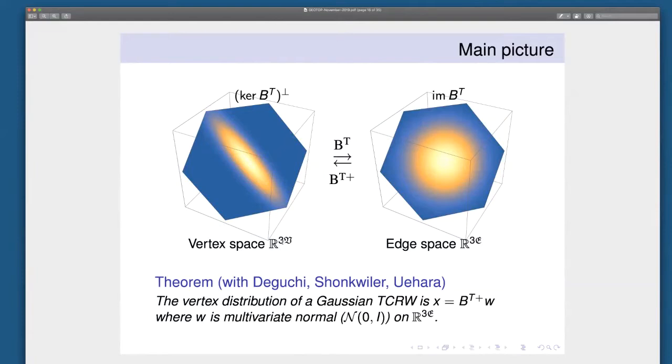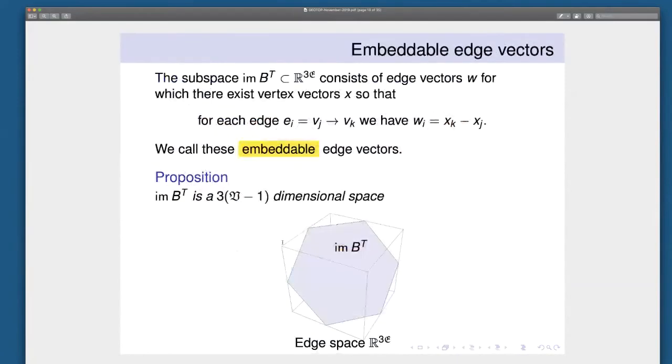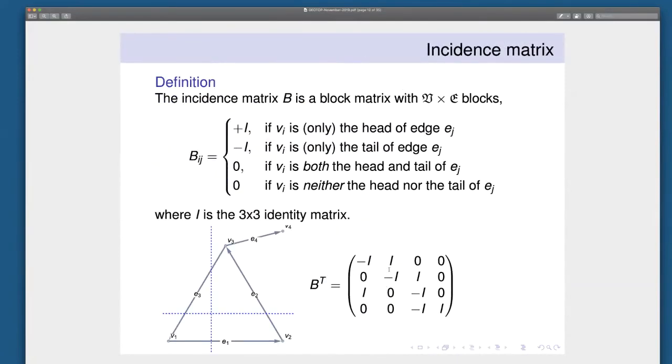Do you come across matrices that have zero sum along one of the lines, rows or columns? Oh, yes, you certainly do. In fact, if we scroll back, you can see that this matrix B transpose has 0 row sums, because each one represents an edge that goes from somewhere to somewhere else.